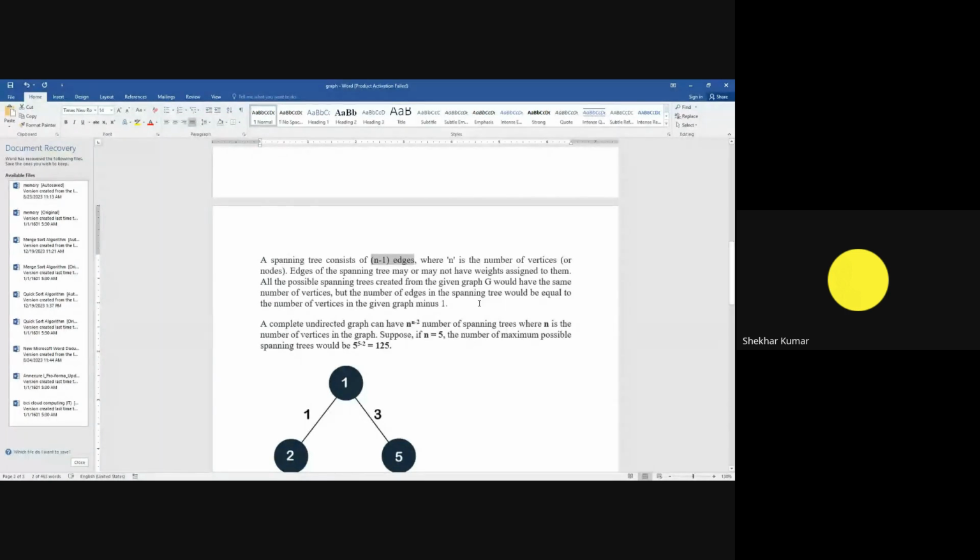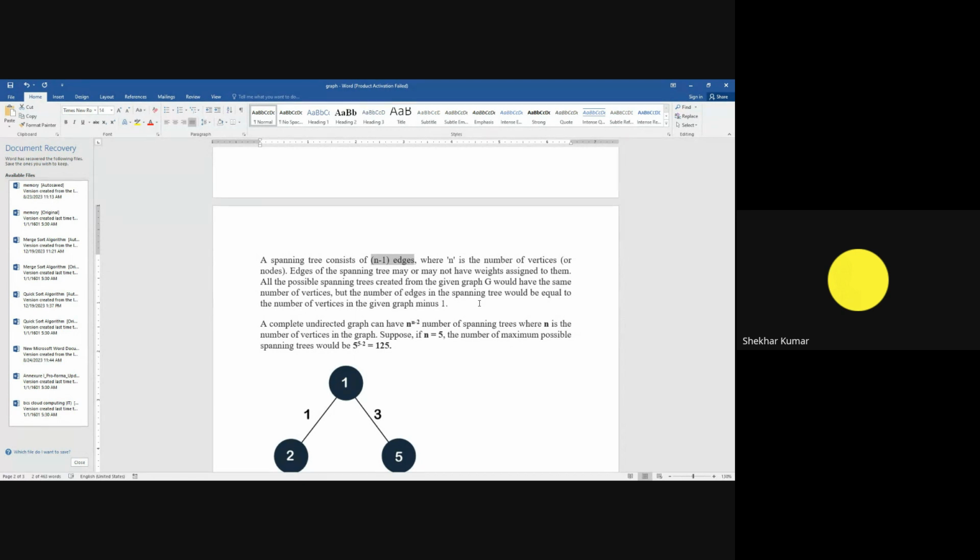If there are more than n minus 1 edges, then there must be a cycle in the graph. If there is a cycle in the graph, then that graph is not called a spanning tree. A spanning tree doesn't have any cycle.